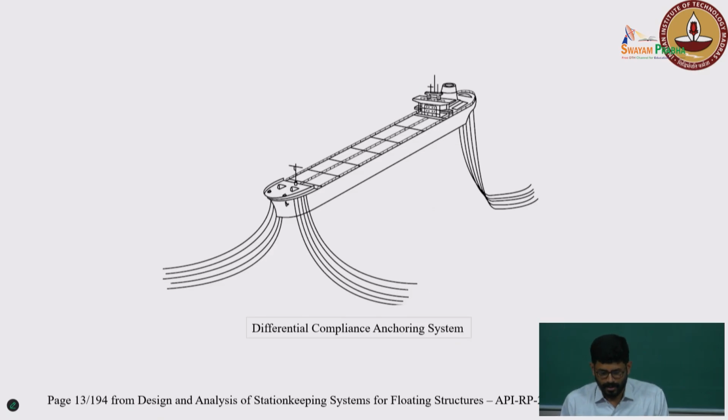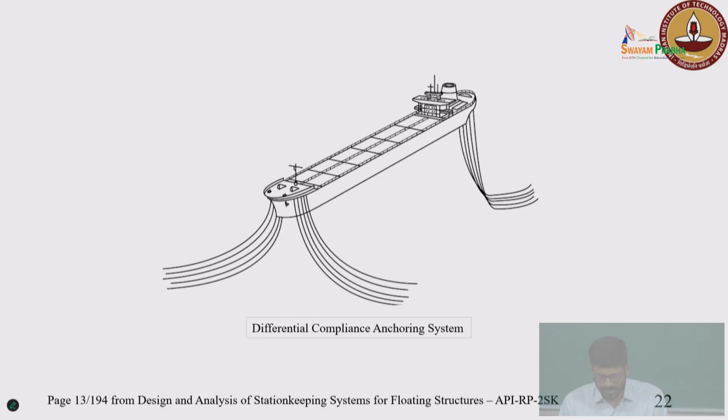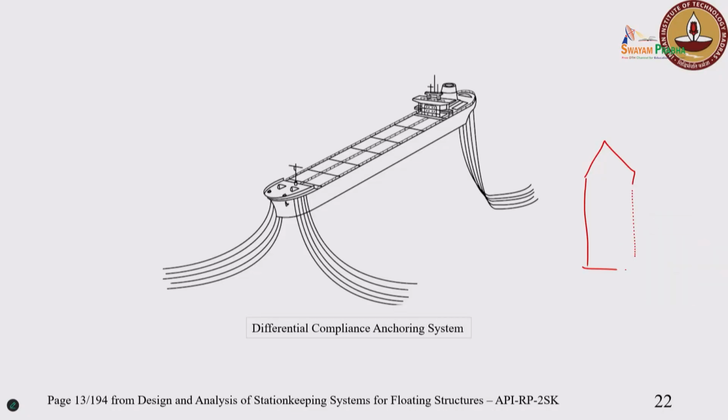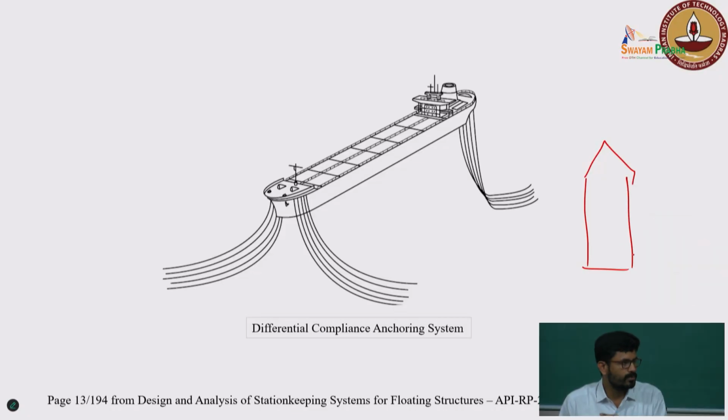Okay. And differential compliance, whether we are talking about spread mooring or the single point mooring, not necessarily we have to always stick to that. Many of the times, for example, you are developing a particular site, for example we purchase a land, and other things. So they all get developed over a period of time, correct? So for example, you have a ship shaped vessel, right? You will not have the loading uniform throughout, right?